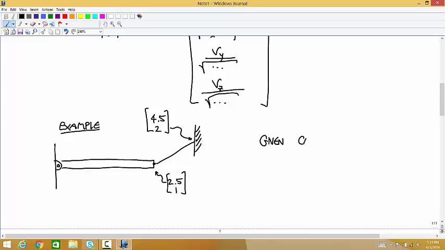So given a cable tension T, what's the force vector the cable applies to the bar?